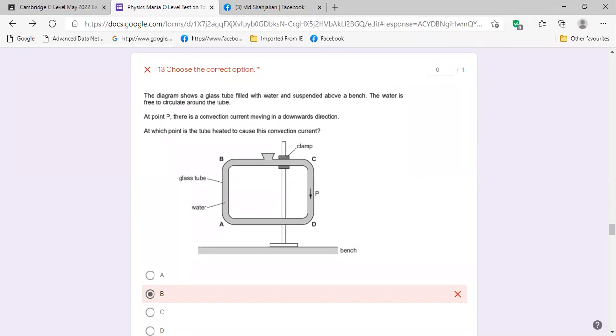The water is free to circulate around the tube. At point P, there is a convection current moving in a downward direction. At which point is the tube heated to cause the convection current?